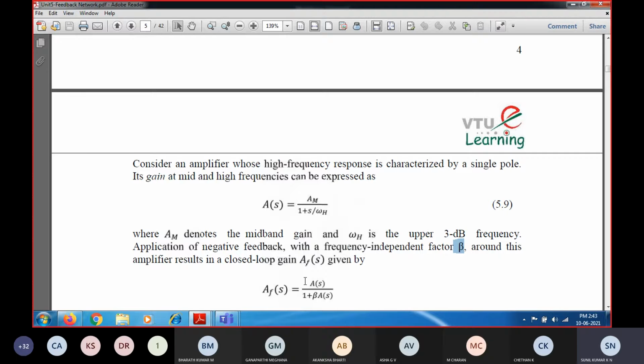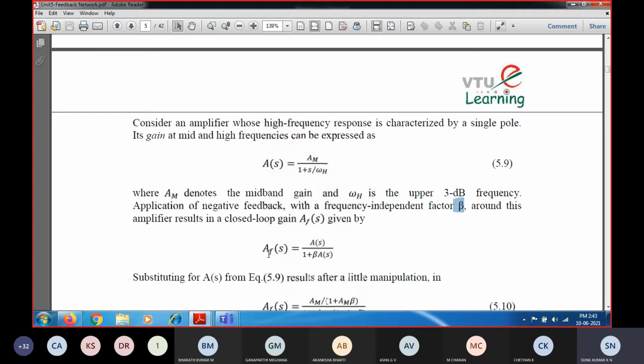AF will be equal to A divided by 1 plus A into beta. So AF is also a frequency dependent parameter, because it has the amplifier along with the feedback network, whereas the feedback network is not frequency dependent. Only the main amplifier is frequency dependent.